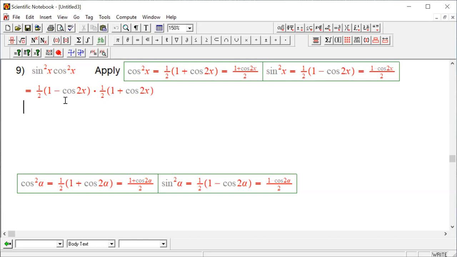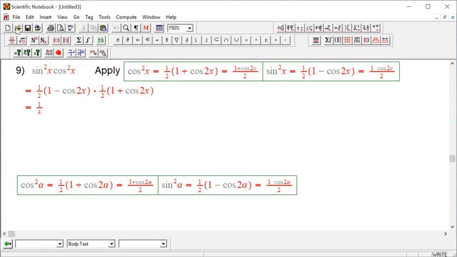And next, we got half times half, that's a quarter. Then we got 1 minus cosine 2x multiply 1 plus cosine 2x. So now we have from power 4, now it's power 2. And here we got to use another special formula, which is a minus b times a plus b.